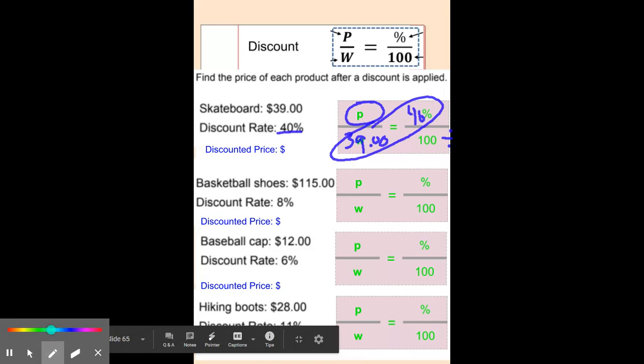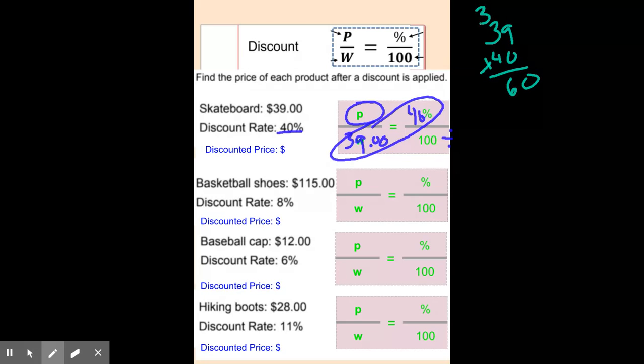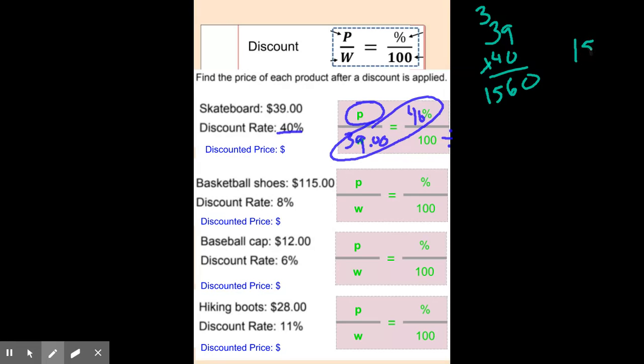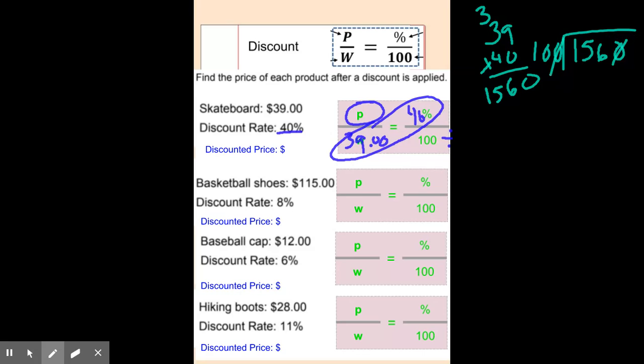On the side over here, I'm going to do 39 times 40, so 0. 4 times 9 is 36. 4 times 3 is 12, plus 3 is 15. Okay, and then we're going to divide by 100. So we're going to take 1,560, divide by 100. They both end in a 0, so I can take a 0 off.